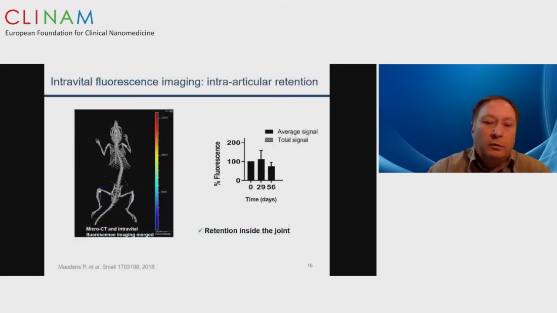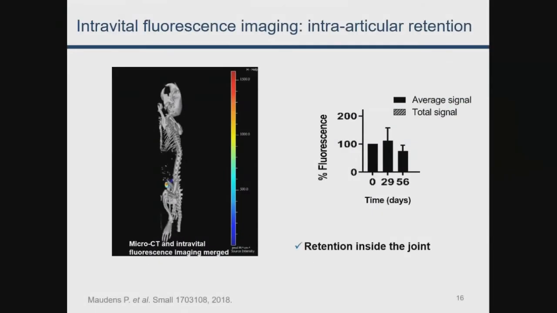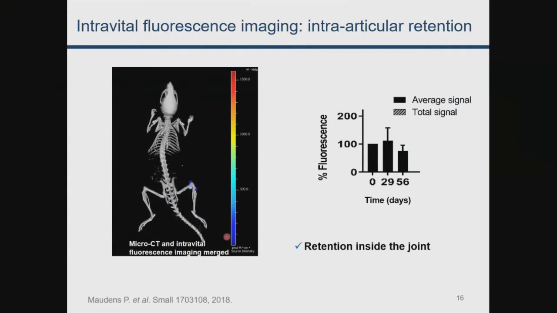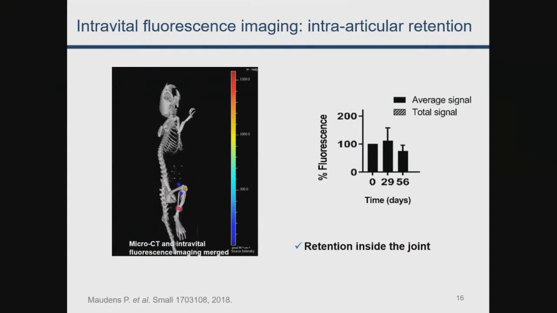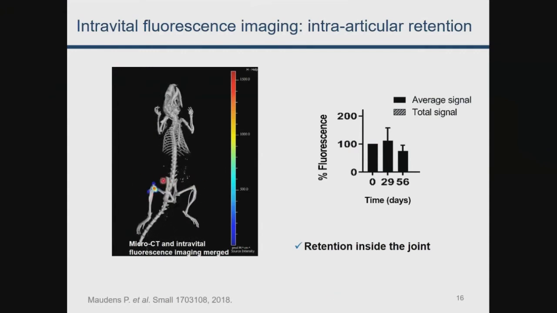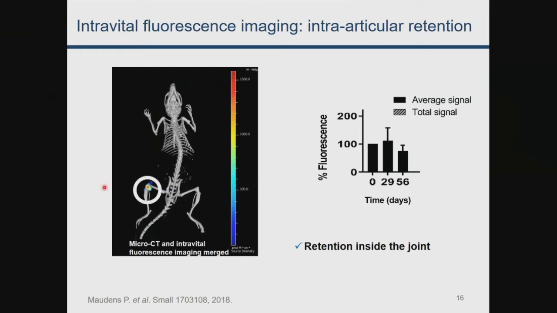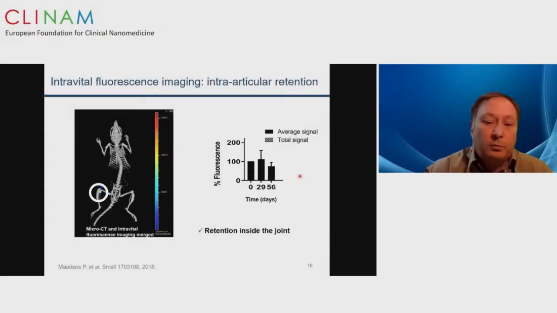The result here, the animation shows the intravital fluorescence of the macroparticles superimposed with X-ray microtomography at 2 months. This suggests the permanence of the microparticles in the joint. And if we look at the fluorescence, the average signal is constant over the 2 months, which suggests that most of the macroparticles were still present in the joint at 2 months.